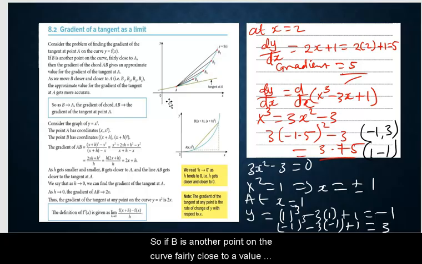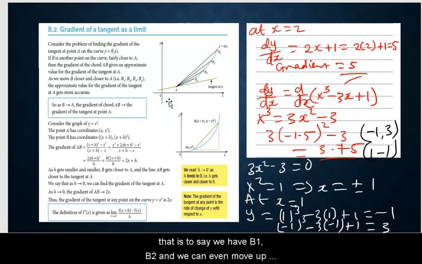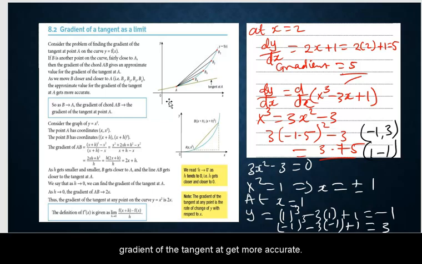So if B is another point on the curve fairly close to A, we get an approximate value for the gradient of the tangent at A. As we move B closer and closer, that is to say we have B1, B2, and we can even move up to B4, the approximate value for the gradient of the tangent at A gets more accurate.